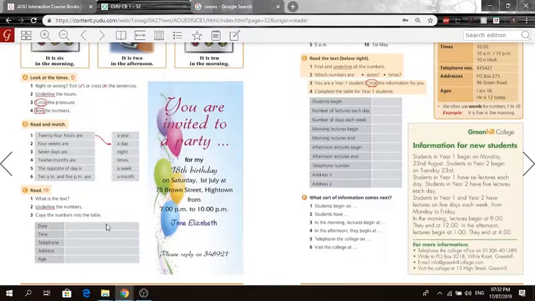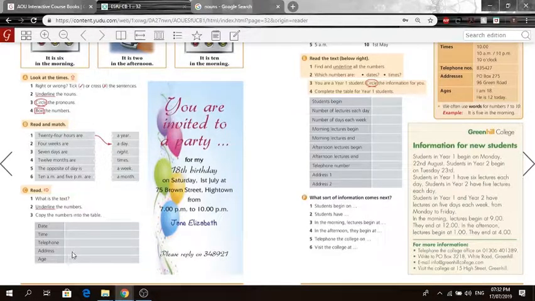Okay. So, here we have, he wants to know the date. So, date is obviously 1st July on Saturday, 1st July. So you write down Saturday, 1st July. Time will be 7 p.m. to 10 p.m. Telephone will be this right here, so 348921.